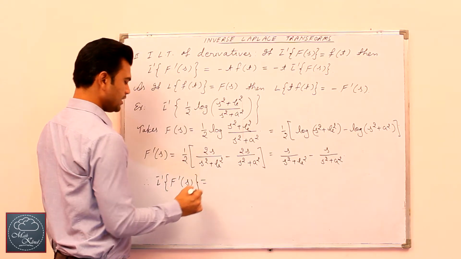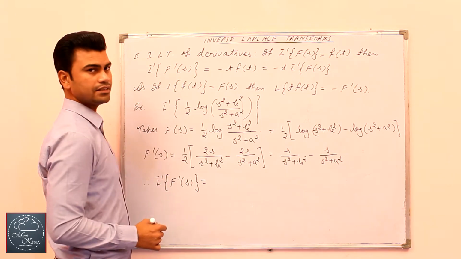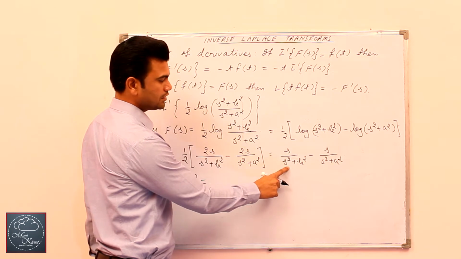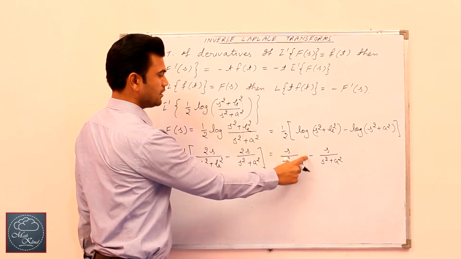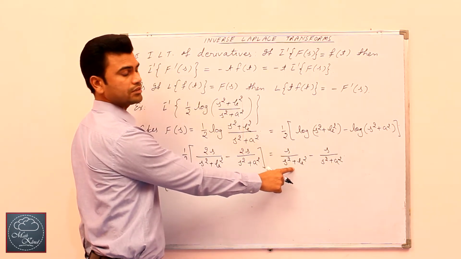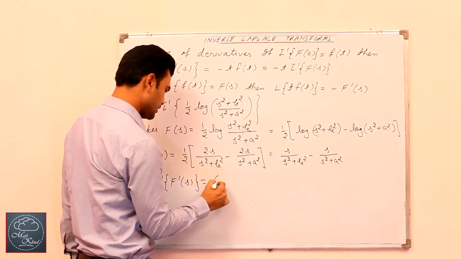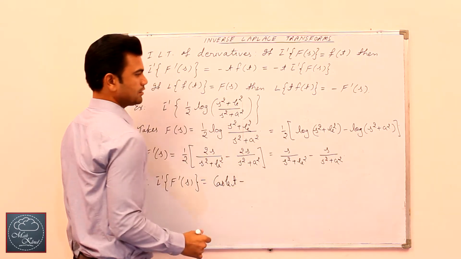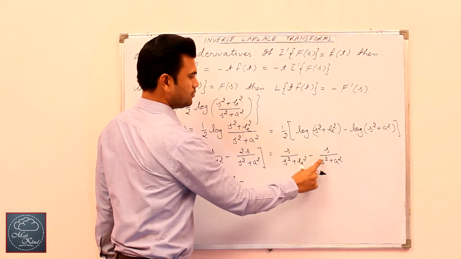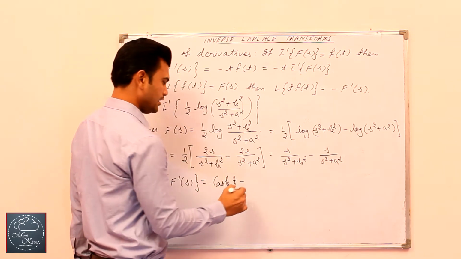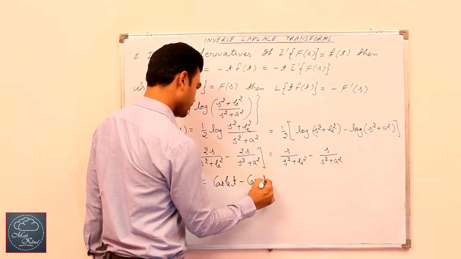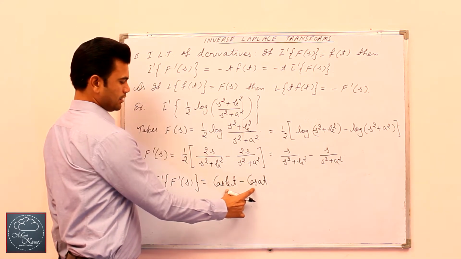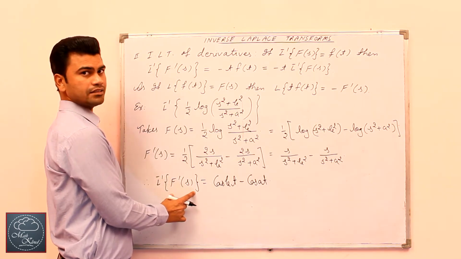So the inverse Laplace transform of F dash(s) is equal to the inverse Laplace transform of this function, and you know that the inverse Laplace transform of this function is nothing but cos of bt minus, and the inverse Laplace transform of the other function is cos of at. So this will be your Laplace inverse of F dash(s).